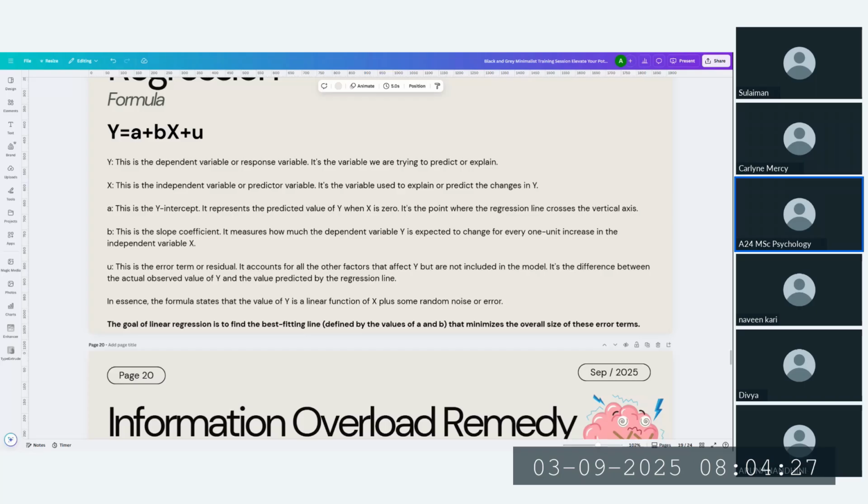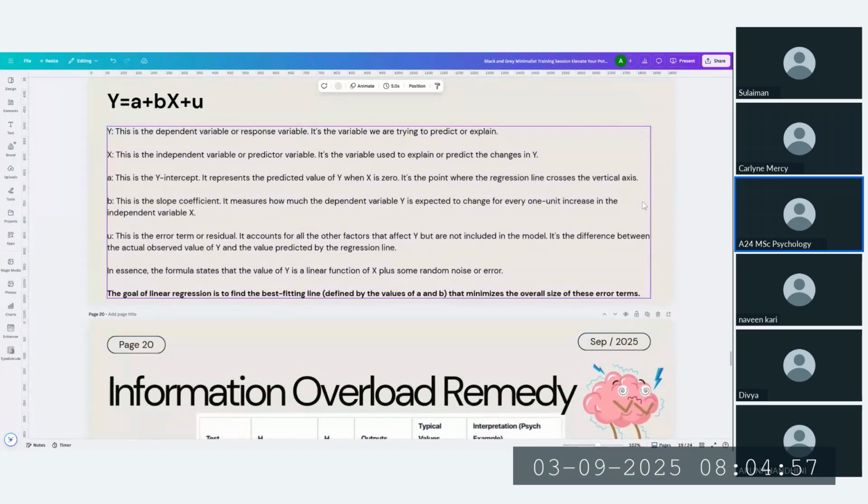If I do this therapy, my client's anxiety score should reduce by this much. That is the role of regression. If you have good data in a clinical setting or in any kind of counseling setting, you can use regression to analyze this. So the slide explains what each of the terms are. These we will need to memorize.